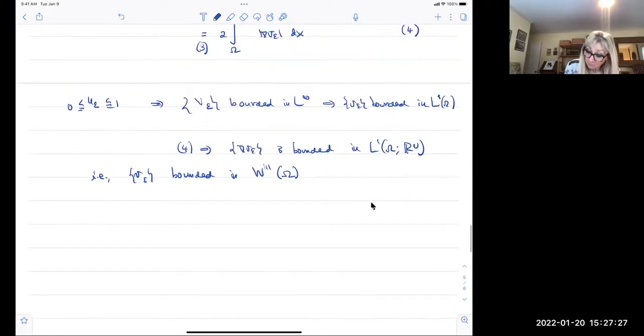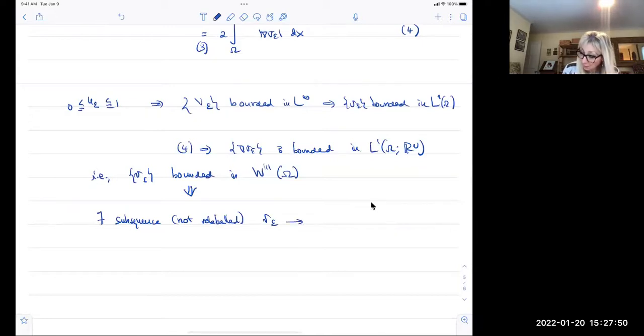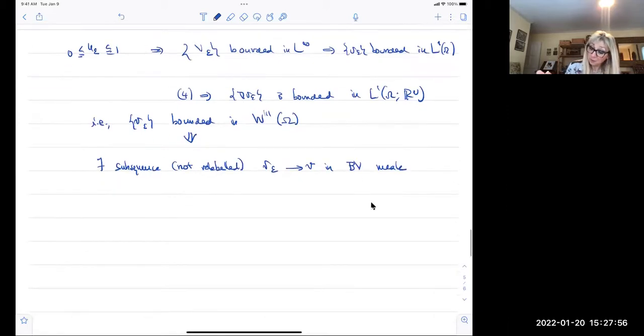However, they are weakly compact, if you wish, in the space of bounded variation. So this implies that there exists a subsequence, which I will not relabel, such that v_epsilon converges to some v in BV weak. And what do I mean by this? I mean several things.